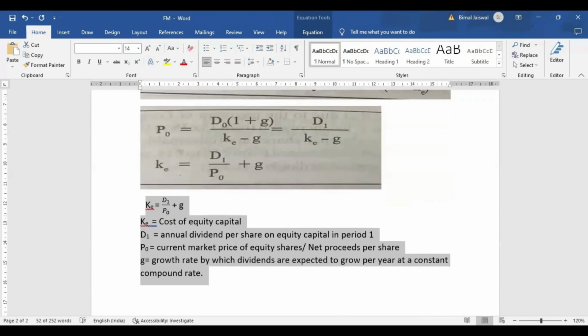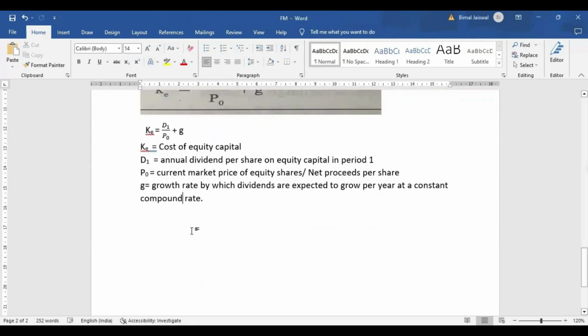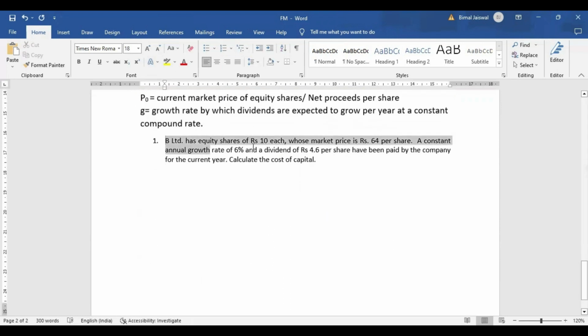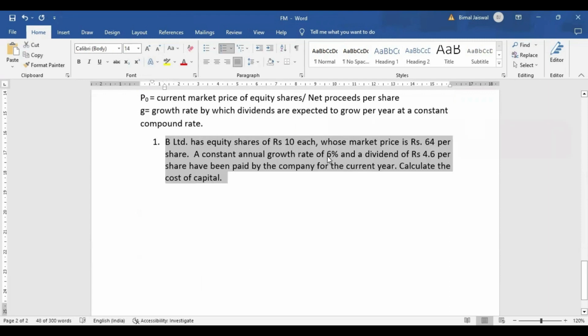Now, let us take a small numerical, which will help us understand the calculation in a better way. It says B Limited has equity shares of rupees 10 each, whose market price is rupees 64 per share.